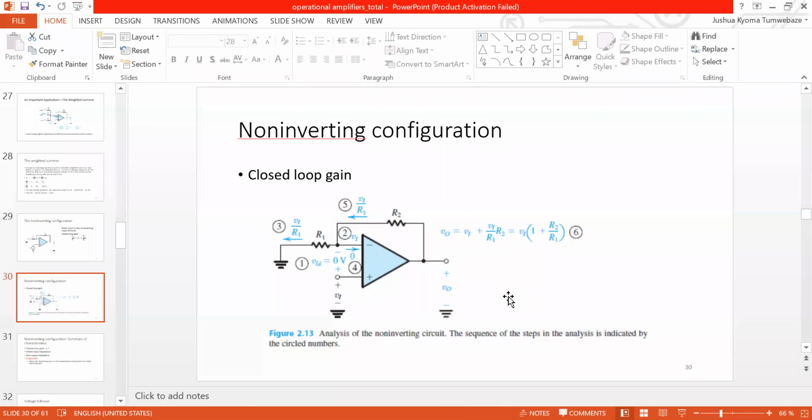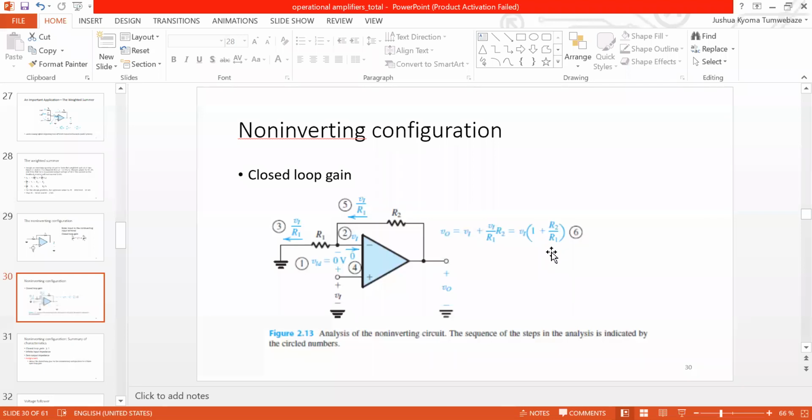So you can write this down in your notes, that the closed loop gain G is equal to 1 plus R2 over R1. It's already given in the previous slide, but now that we have derived it, you can write it again. So that is simply the non-inverting configuration.